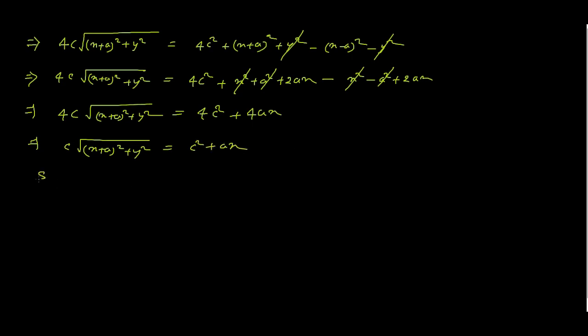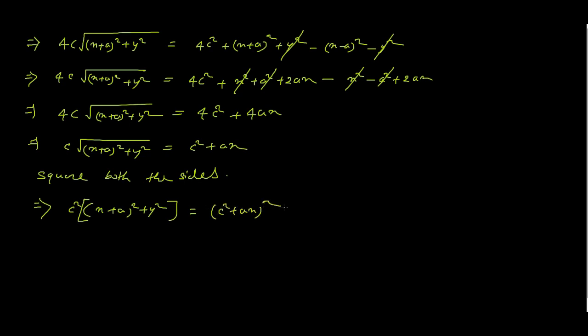Now again square both the sides. Actually here we are not using any logic or any concept, just we are solving the algebraic part of the question. That means this will become c square into x plus a whole square plus y square is equal to c square plus ax whole square.